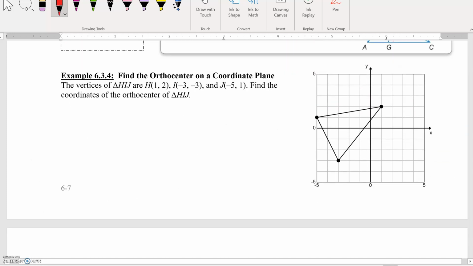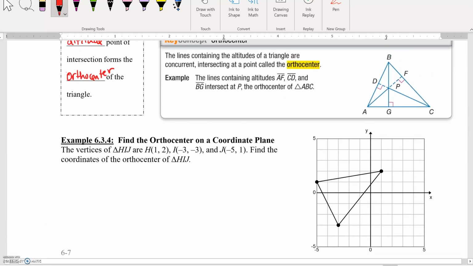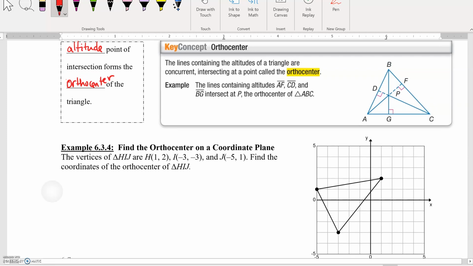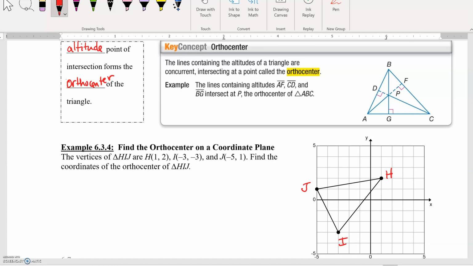So here is one in the coordinate plane, HIJ. This is H, this is I, this is J. I didn't label them. Find the coordinates of the orthocenter.